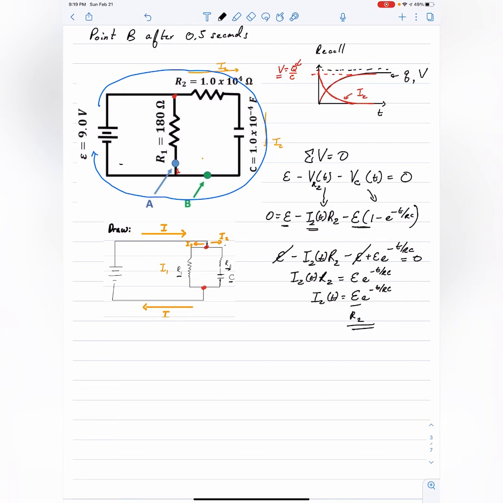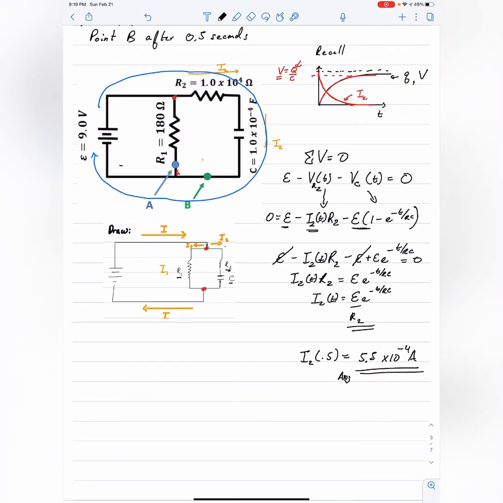Now, the only thing you have to do is substitution. The current at 0.5 seconds for current 2 is equal to 5.5 times 10 to the negative 4 amps. And that is your answer for this part.